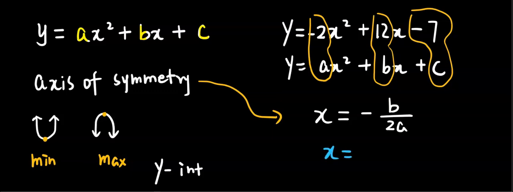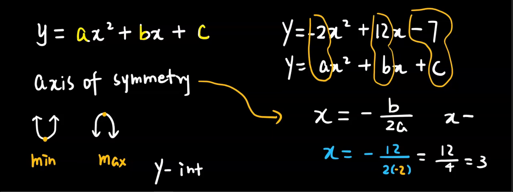In this case, b is 12, 2 times a is negative 2, and negative and negative, we're going to have a positive. So 12 over 4, that's 3, which means in this case, the axis of symmetry is x equals 3.